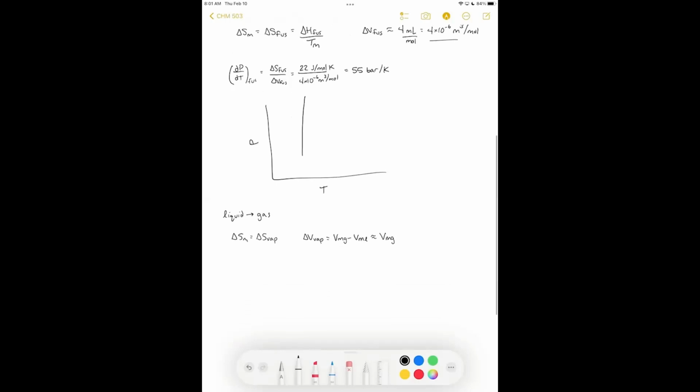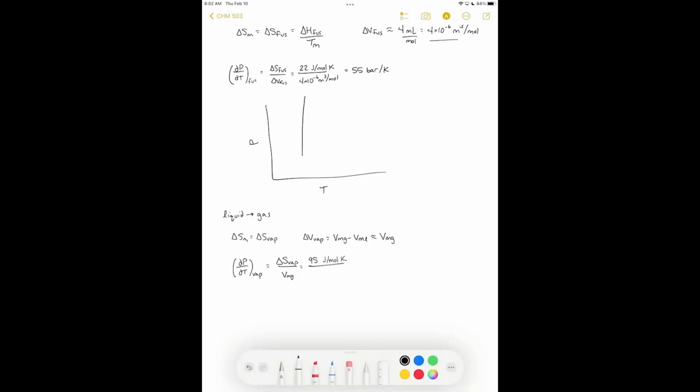So then to calculate the ratio dP/dT of vaporization in this case, and again, we're just doing a simple back of the envelope calculation here, we can estimate that the delta S of vaporization for a lot of substances is simply about 90. So we'll say it's 95 joules per mole Kelvin. This is coming from an average of a few substances.